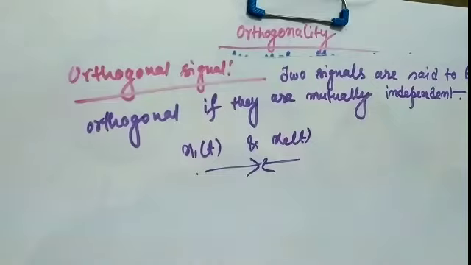So one or more signals can be transmitted over a common channel if and only if they are orthogonal. Our next topic is finding whether two signals are orthogonal or not.